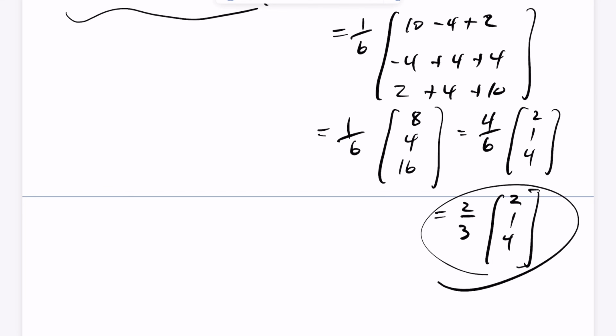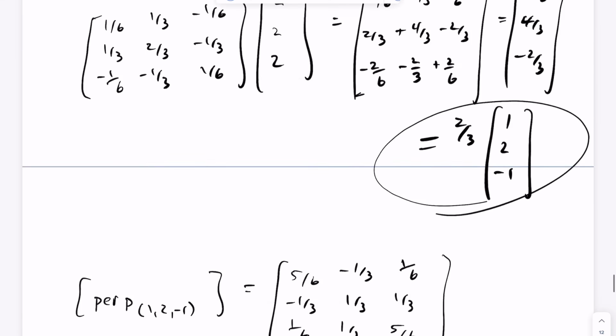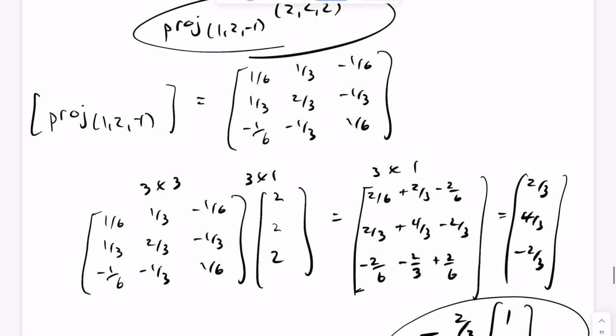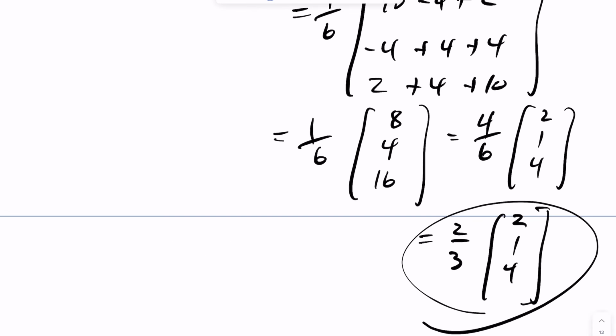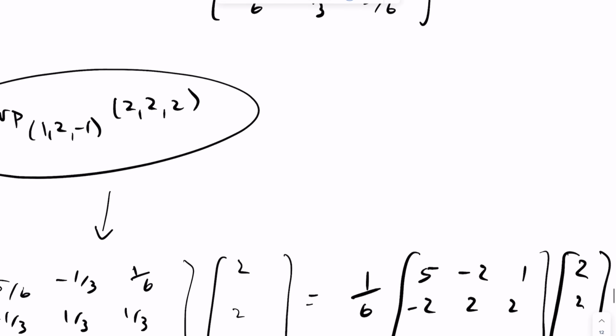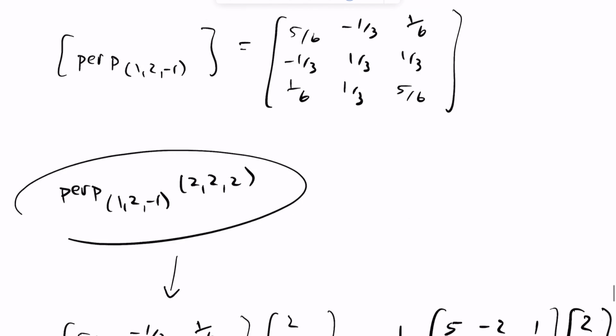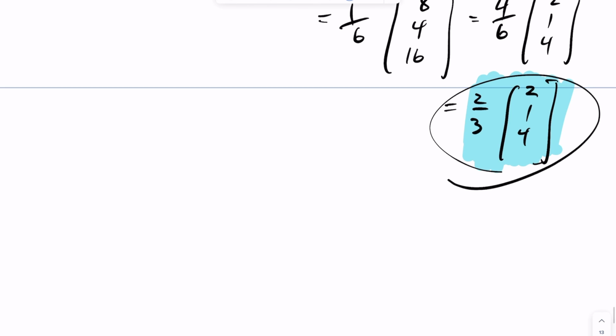So this is another option you can use to calculate your perpendicular projection. Or I could have done the same thing with my normal projection answer. Just another quick observation: notice that the perpendicular projection vector and the projection vector are perpendicular to one another. So it's a good way to check that you're doing your calculations correctly.